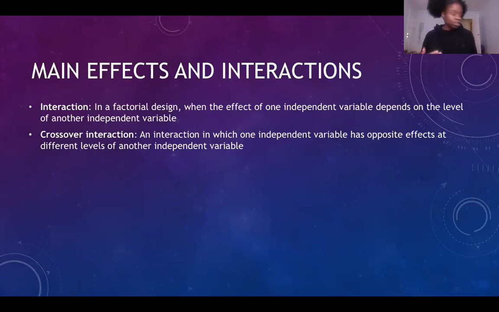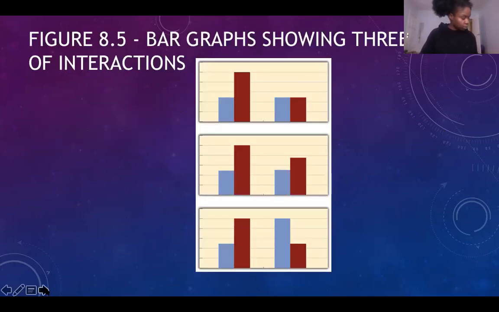So for this, let's refer to figure 8.5. Okay, 8.5, you can actually find this figure on page 146. So in the top panel, one independent variable has the effect at one level of the second independent variable, but not at the other.